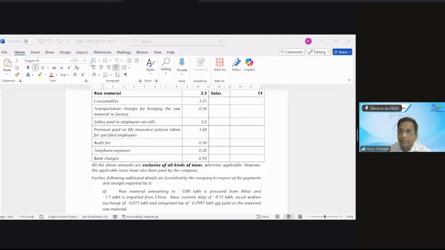What would be the balance amount of the raw material which is purchased from West Bengal?